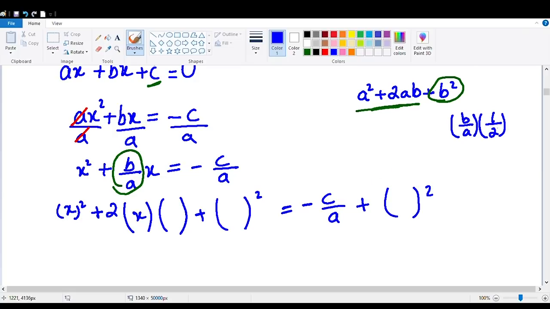So this will equal b over 2a. So over here it's b over 2a.